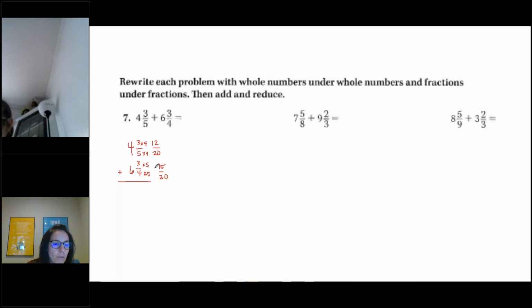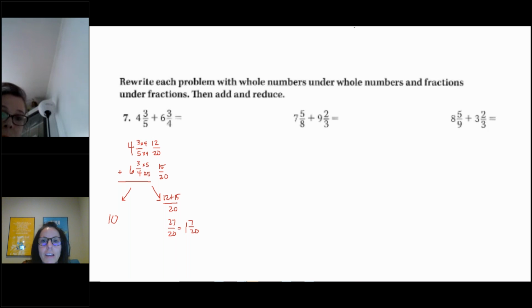Now, it's almost like there's two separate problems. So over here, I'm going to go 4 plus 6 is 10. And over here, I'm going to add this fraction. I've got 12 plus 15 over 20, which is 27 over 20, which is the same as 1 and 7 over 20.